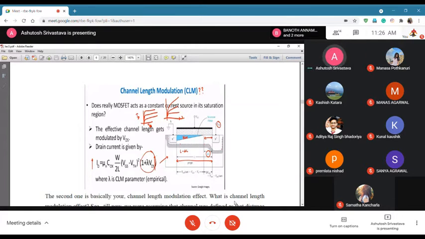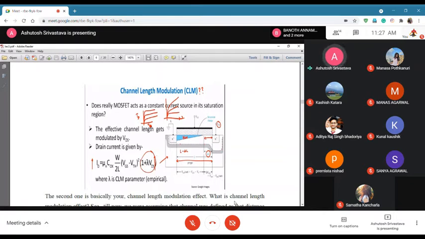These are concepts of physics phenomena that are occurring inside the planar MOSFET transistor. We are not going beyond the MOSFET transistor. New issues are coming due to the scaling of your transistors, which we categorize as short channel effects.